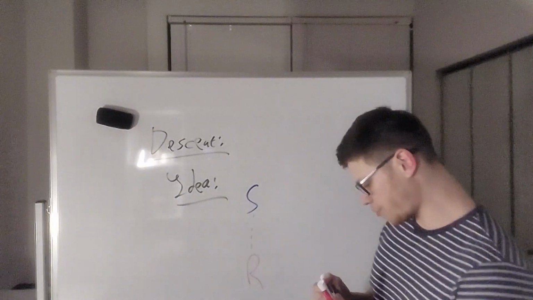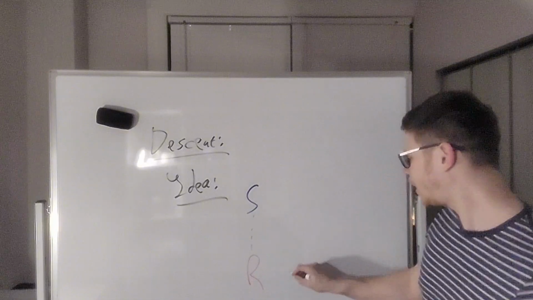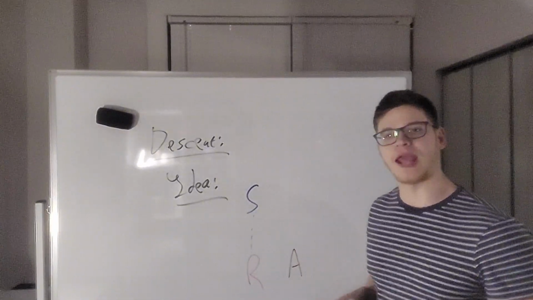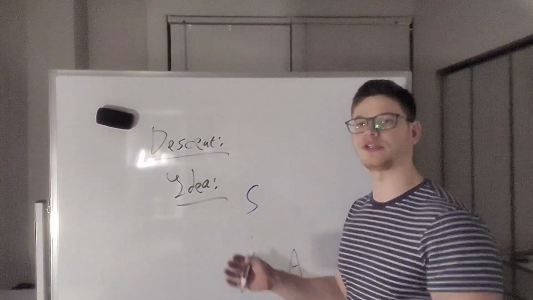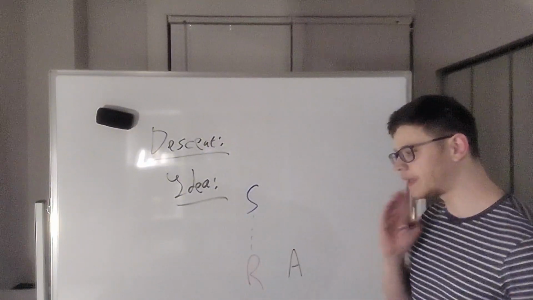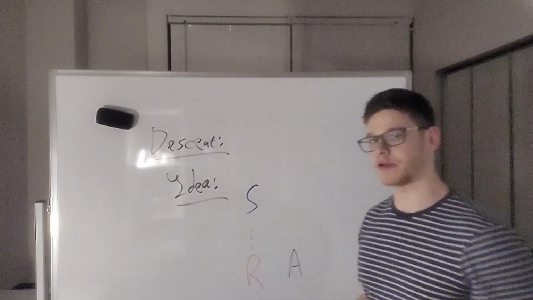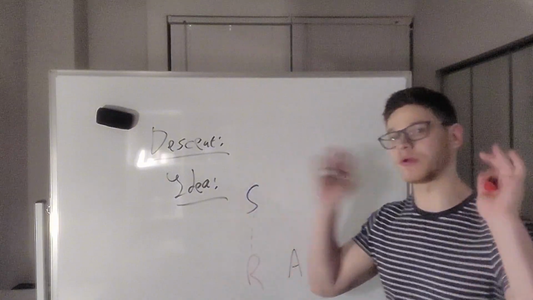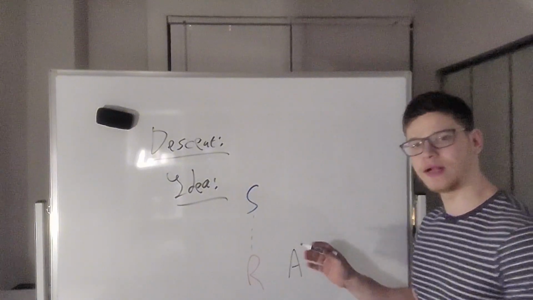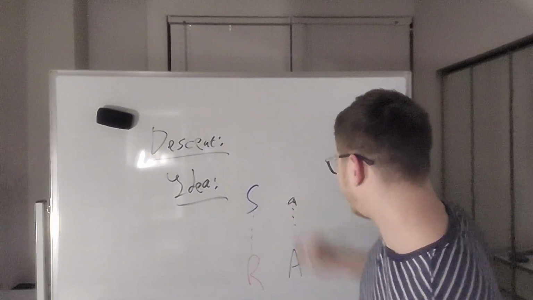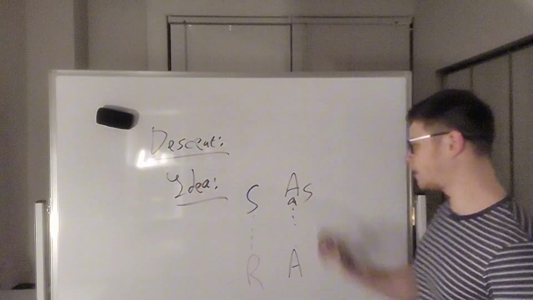And suppose that we have some algebraic object associated to R. Let's call it A. So, for example, A could be an R module or an R algebra if R is a ring. If R is a scheme, then it is going to be a quasi-coherent sheaf of algebras, if you know whatever that means. So let's say we have some way of going up and getting an object associated to S from A, which we'll call A_S.